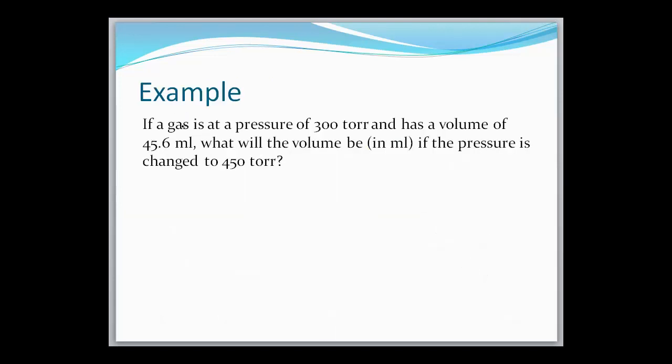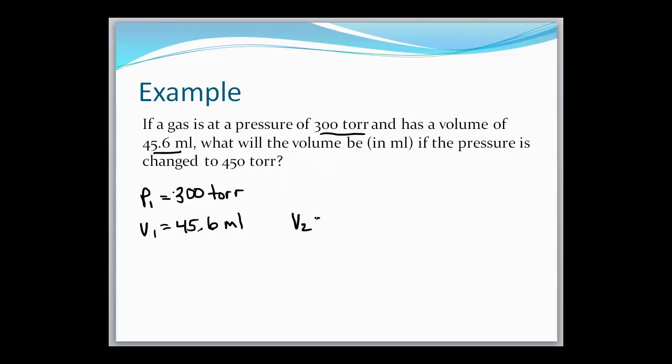Let's take a look at another one. You've got a gas with a pressure of 300 torrs. So right away, pressure is 300 torrs with a volume of 45.6 milliliters. So V1, 45.6 milliliters. What will the volume be in milliliters?